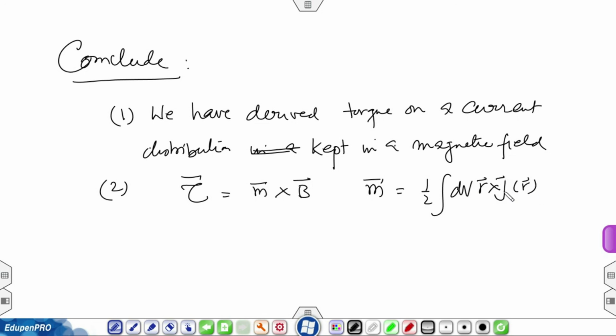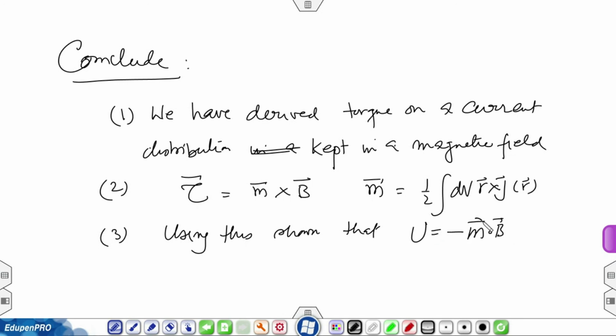And third, using this, shown that potential energy U is equal to minus m dot B, same as obtained through the force. Thank you.